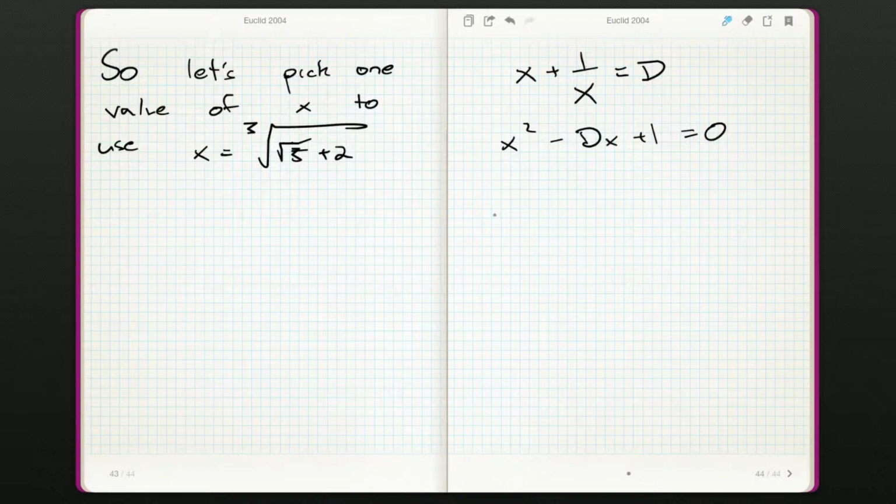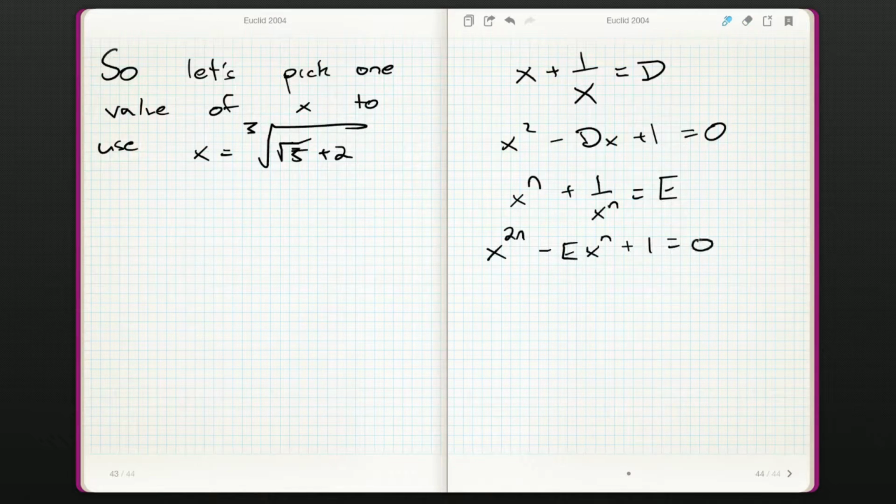So then if I did x to the n, if that's equal to some other value e, then we'd have x to the 2n minus e x to the n plus 1 is equal to 0. I'm not seeing anything good here.